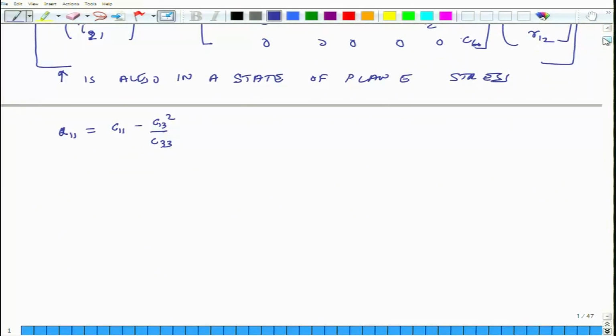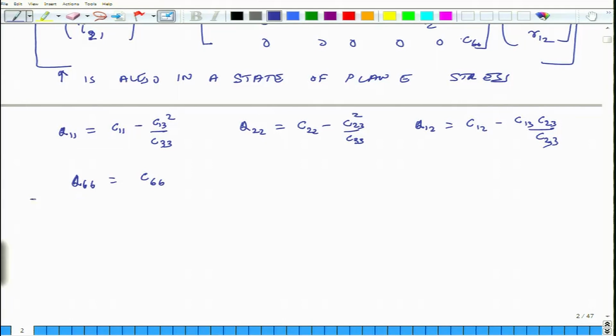So, this is Q11, okay, and then Q22 equals C22 minus C23 square by C33, and Q12 is equal to C12 minus C13 times C23 divided by C33, and Q66 is equal to C66.